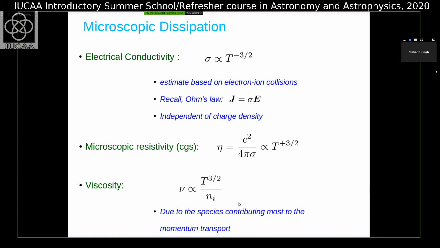Isn't it? So that is true, but I think I made a mistake here, and I'm very sorry for that. Please note this is plus here and minus here, because that's exactly what I wanted to say, and I see that there is a sign error here. The reason is simple: with temperature, while you might expect that the resistance is increasing, which is true for viscosity, for resistivity it is not the case.